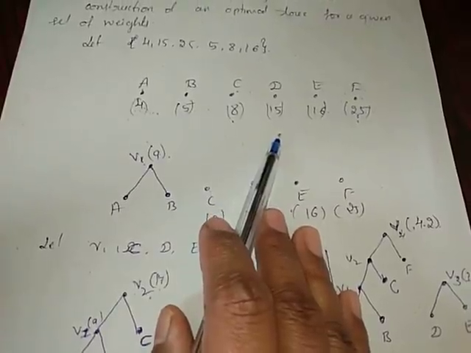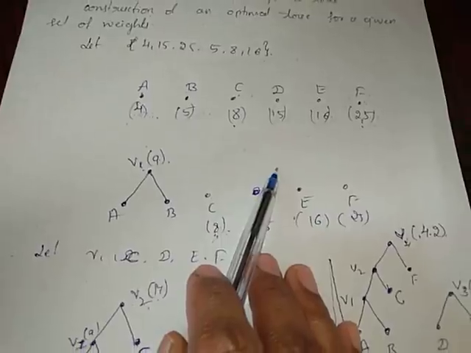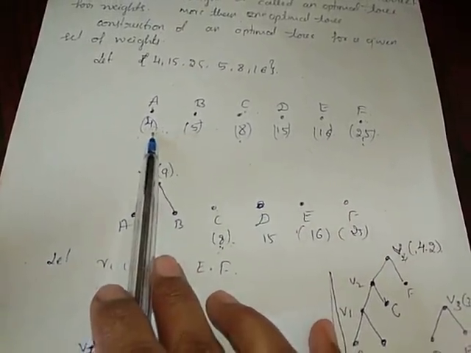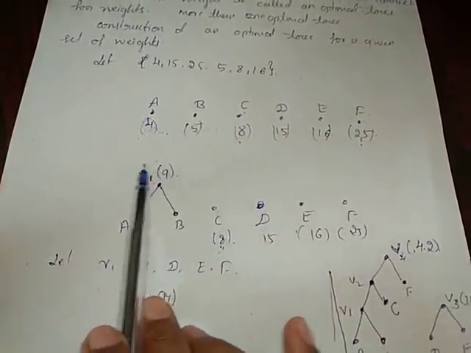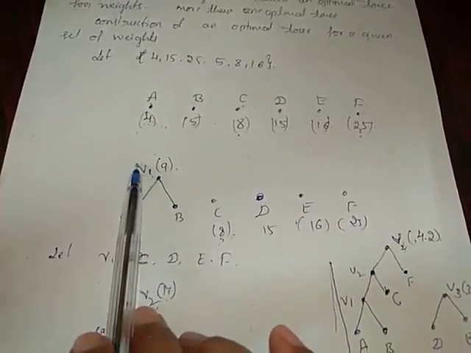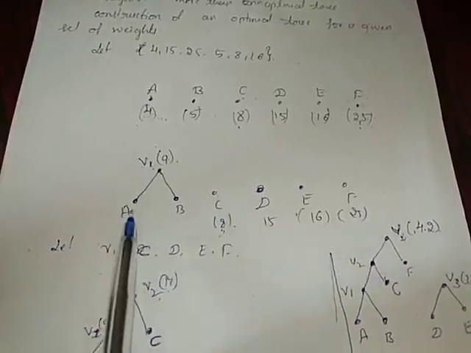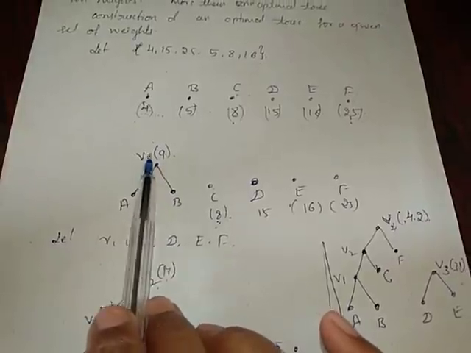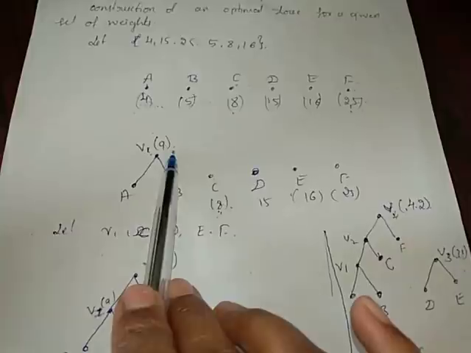When we start to construct the optimal tree, in the set of vertices we have to consider the two minimum weights, add those weights and assign that weight to the new vertex V1, and construct a tree where V1 is the root, A and B act as children of V1, with weight 4 plus 5, that becomes 9.